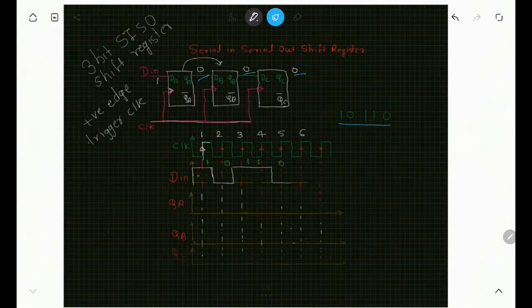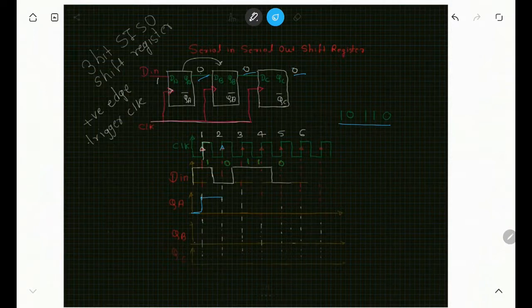When the input applied is a 1, the first bit is a 1, in that case what happens? This first flip-flop gets triggered during the positive clock edge of the clock.